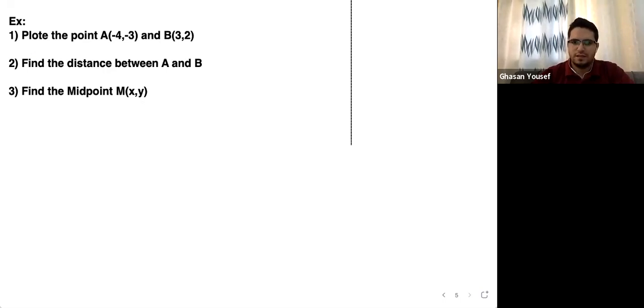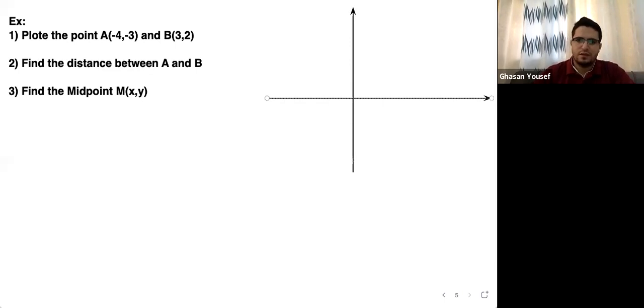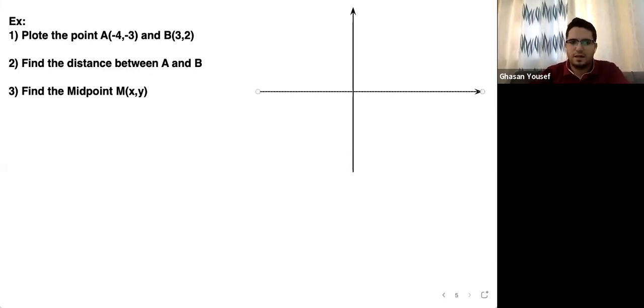So this is my y-axis, and this is my x-axis. The first point is -4 and -3. So the x coordinate is -4, the y coordinate is -3. So this is my -4 on the x-axis: here I have 1, -1, -2, -3, and this is my -4. And my y coordinate is -3, so I have 1, -1, -2, and -3.